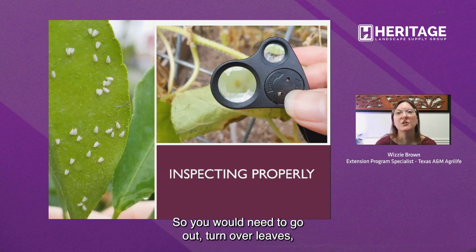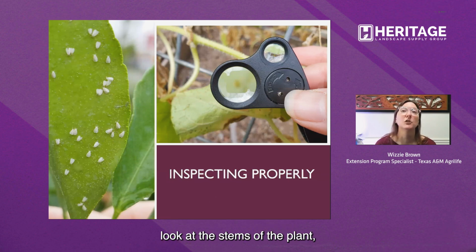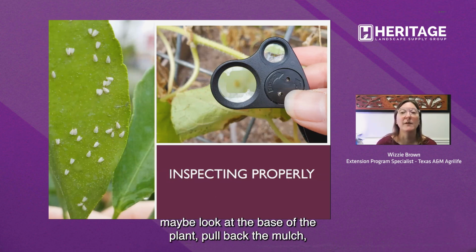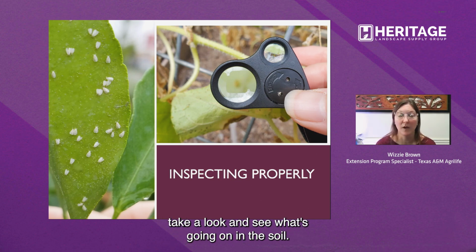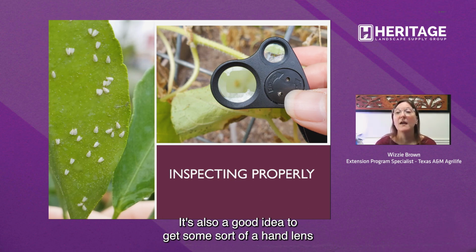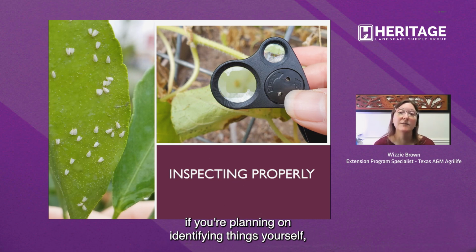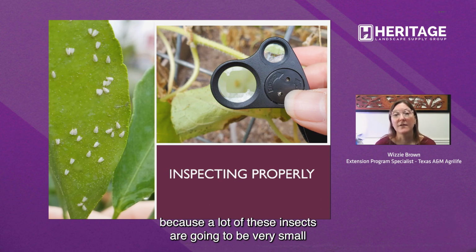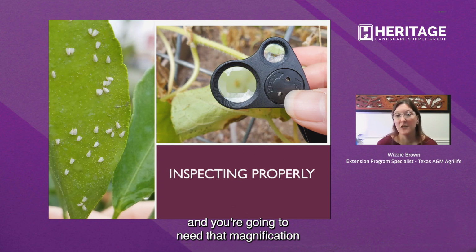So you would need to go out, turn over leaves, look at the stems of the plant, maybe look at the base of the plant, pull back the mulch, and see what's going on in the soil. It's also a good idea to get some sort of a hand lens if you're planning on identifying things yourself, because a lot of these insects are very small and you're going to need that magnification for identifying features.